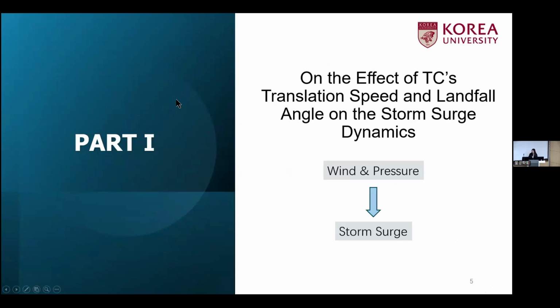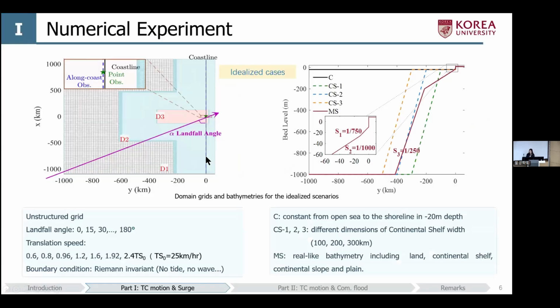So this is the first part about the effect of the TC's translation speed and landfall angle on the storm surge dynamics. In the figure we can find the definition of the landfall angle, and this is the coastline.